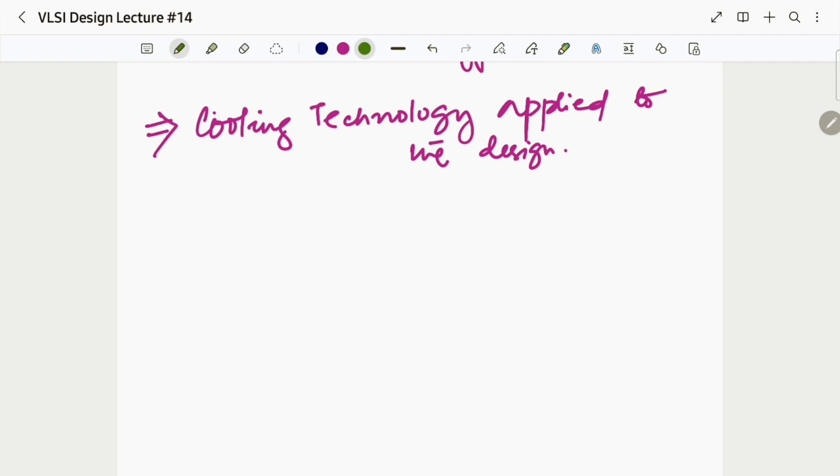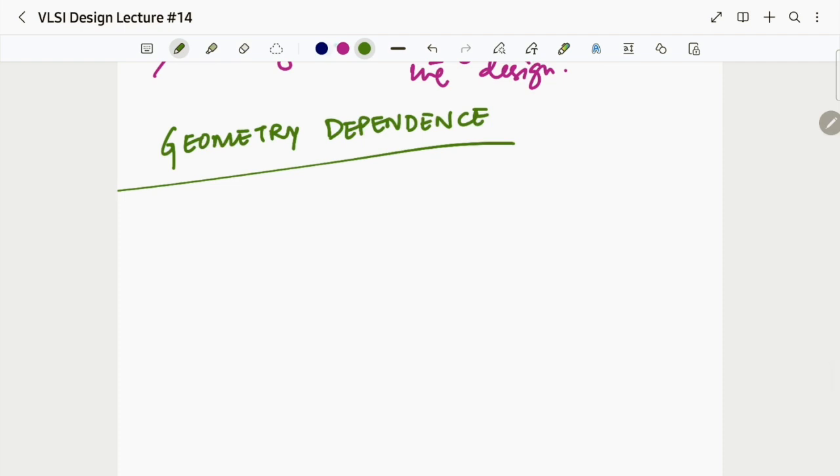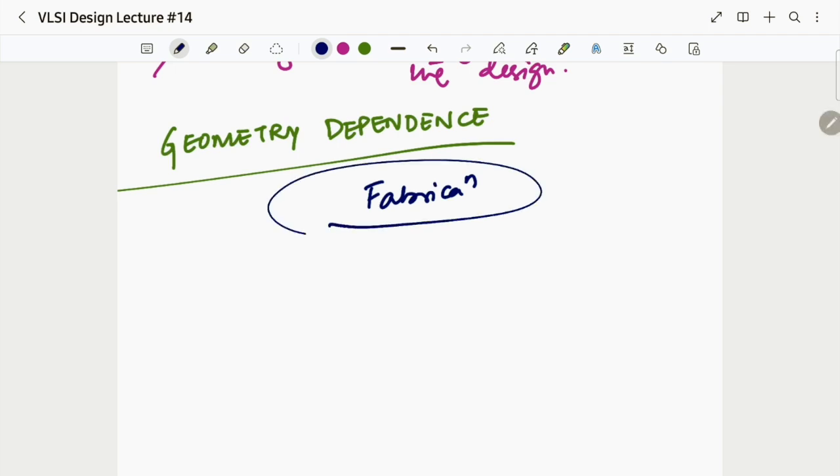Okay, so this is all about temperature dependence. Now the last point for today is geometry dependence. It is geometry dependent. In one of our classes previously, I spoke about fabrication, wherein I explained in a very quick way how the fabrication process happens, how the MOSFET is actually created.